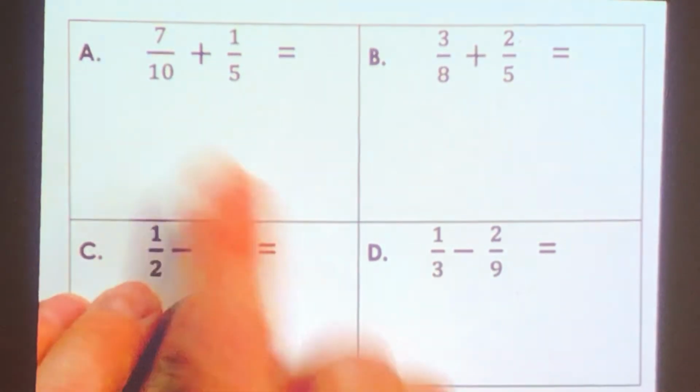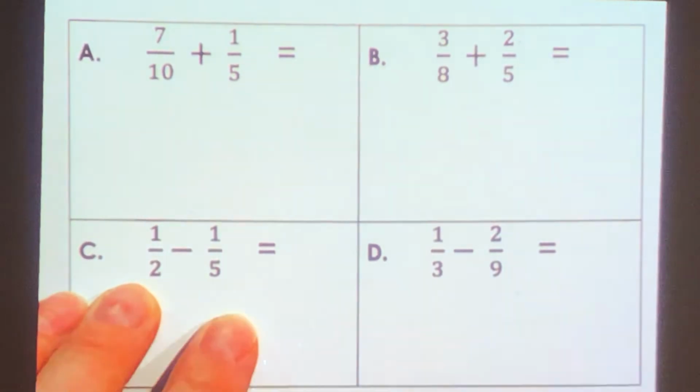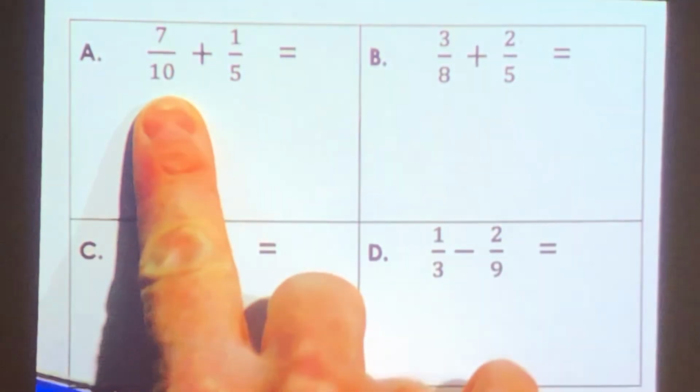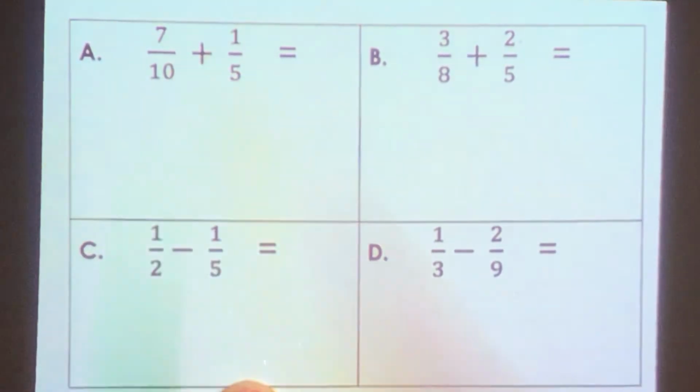So in looking at this first example, A, I notice that those denominators are not common denominators, so I can't just add like usual because the pieces aren't the same size. So I need to make sure that I have a common denominator before I start adding. When I look at this one, I notice that 5 is a factor of 10. I can multiply 5 by something to get 10.